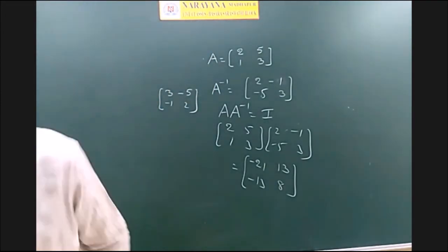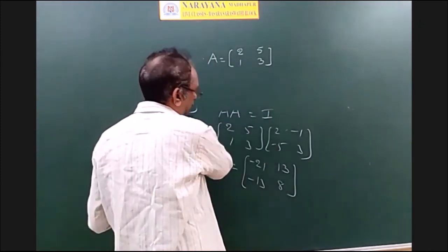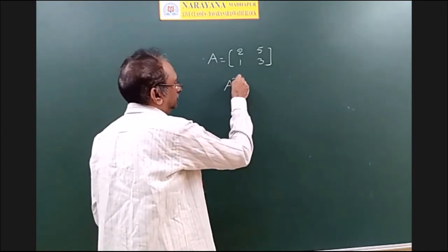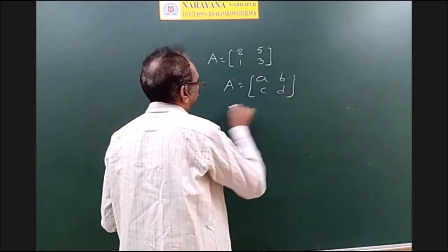Actually, AD minus BC, and this is only adjoint A. Of course, here it is A inverse also. What is the direct formula? A is equal to ABCD.